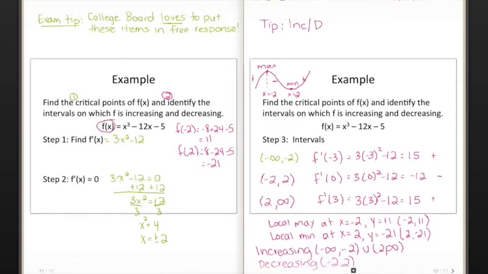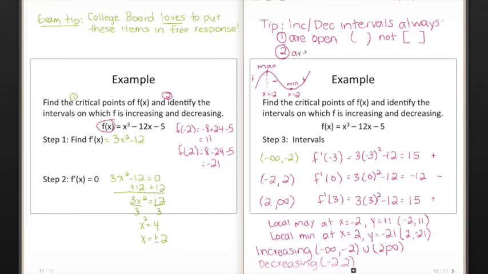This next tip is not an exam tip, it's just something to keep in mind when working on these types of problems. Increasing and decreasing intervals are tricky, and there's a few tips that you want to remember for them. They always, always, always are open intervals, which means that you have to use parentheses, not brackets.